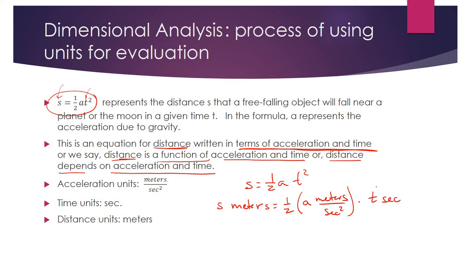And since t is squared, that's going to be seconds squared. Okay? So what we end up with is meters equals meters per second squared times seconds squared if I just look at the units. And you can see that that's equal units. So sometimes looking at the units helps us decide what to do.